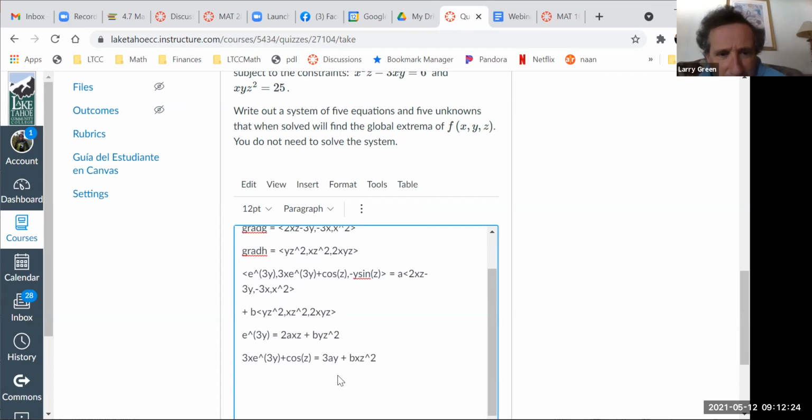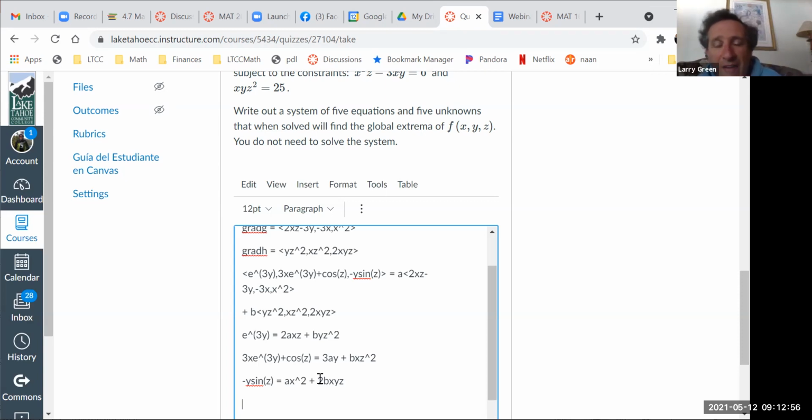And then the third one will be negative y sine of z equals, so now we're going to have an a x squared and then plus b times 2xyz. So 2b xyz.